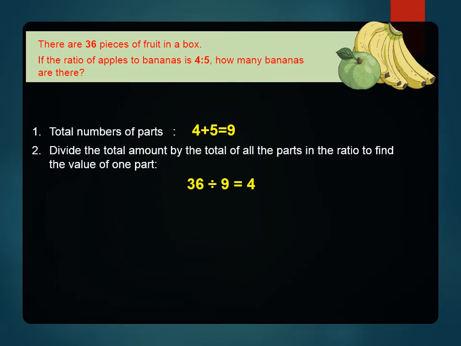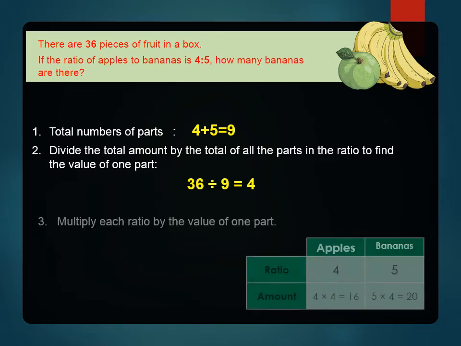First, find the total number of parts. 4 plus 5 equals 9. Second step, divide the total amount by the total of all the parts in the ratio to find the value of one part. So 36 divided by 9 equals 4.